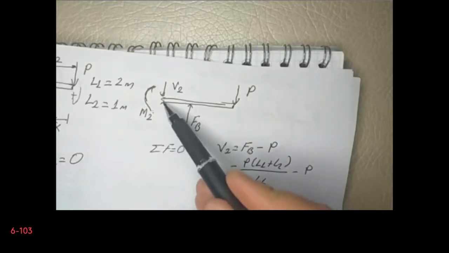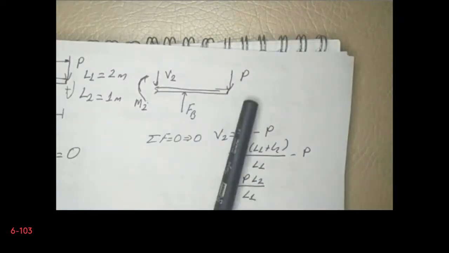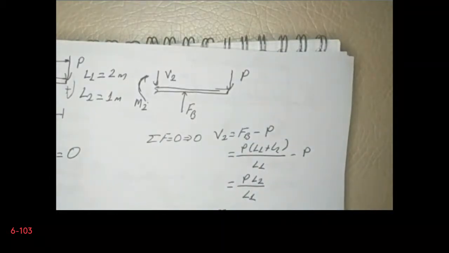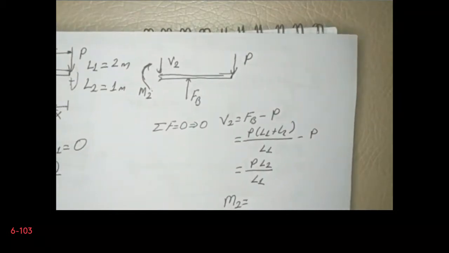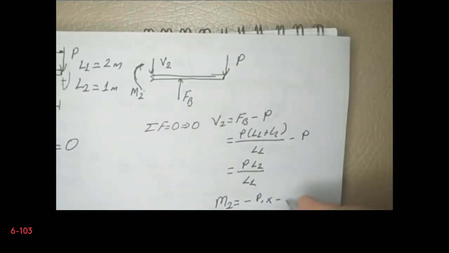So it is minus P multiplied by X plus FB multiplied by X minus L2.